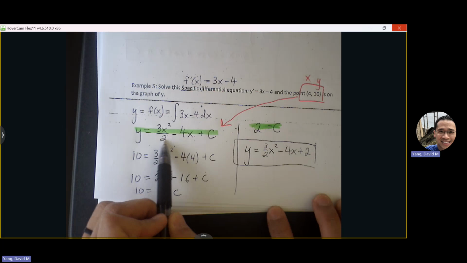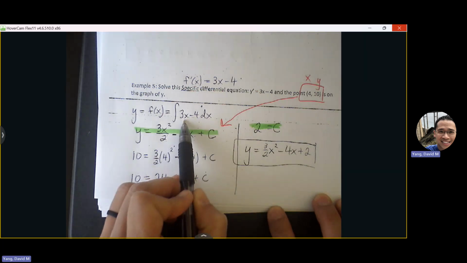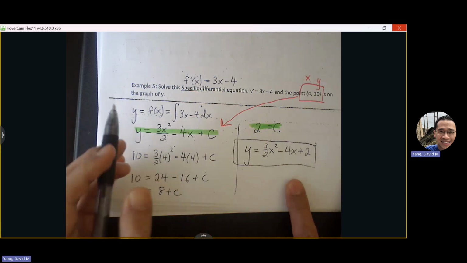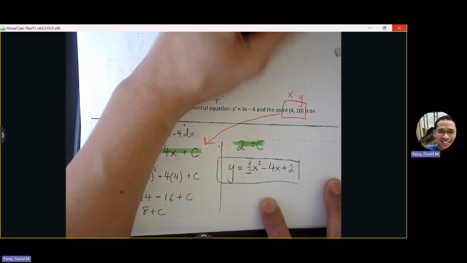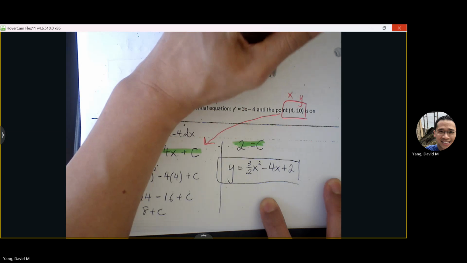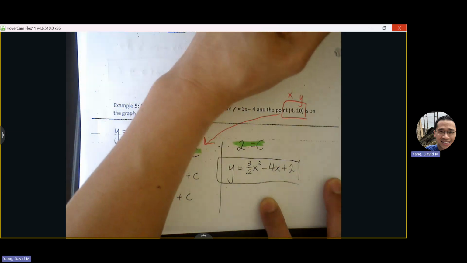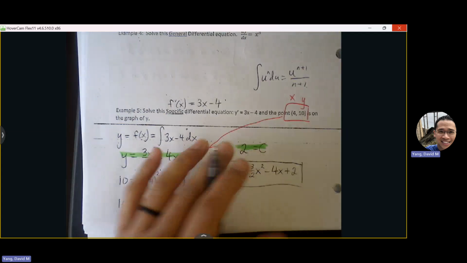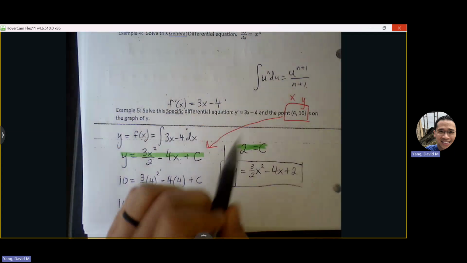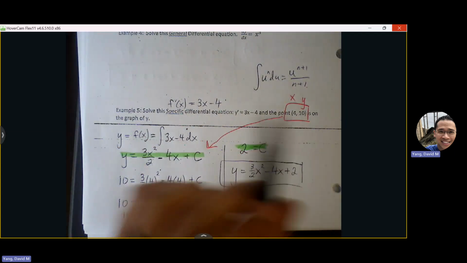Oh, you're asking how does this 2 get here from the antiderivative, from the integral rule? Okay, right. So the rule is u to the n plus 1 over n plus 1. So with derivatives, we subtracted 1 and we multiplied, right?